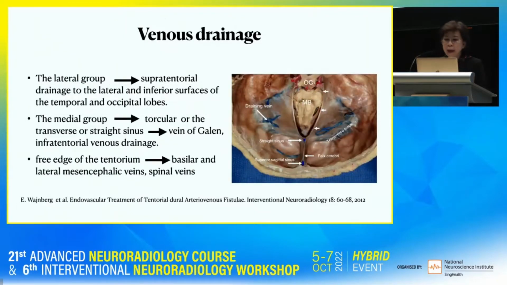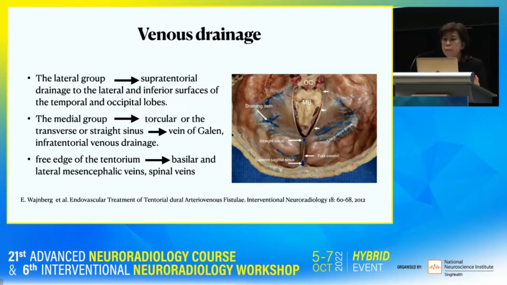Again, especially in the Falco-Tentorial area, we can differentiate three groups. The lateral group usually receives drainage from the lateral and inferior surface of the temporal lobe and the occipital lobe, so it is around here.